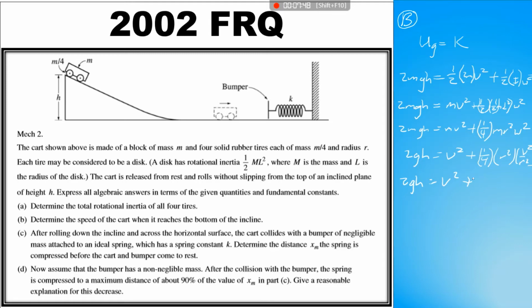Sorry, v squared plus, say it one more time. 1/4 v squared. Okay, v squared over 4. When I combine those, what do I get? 5 v squared over 4. Okay, and solve for v.